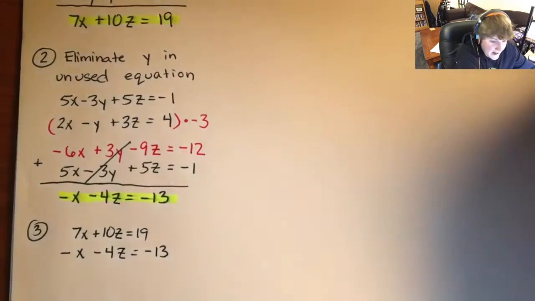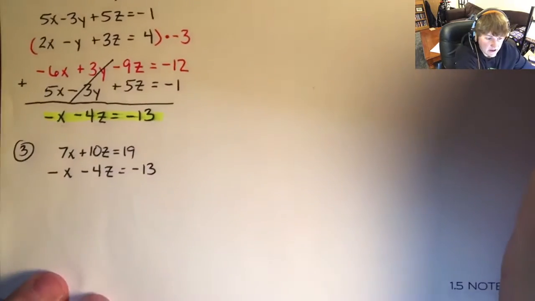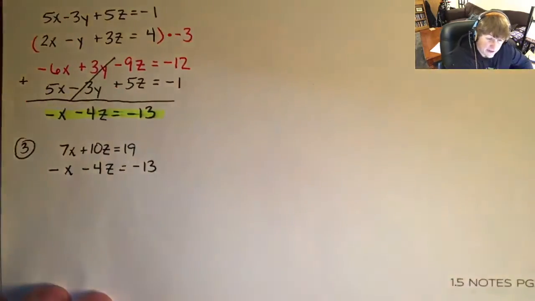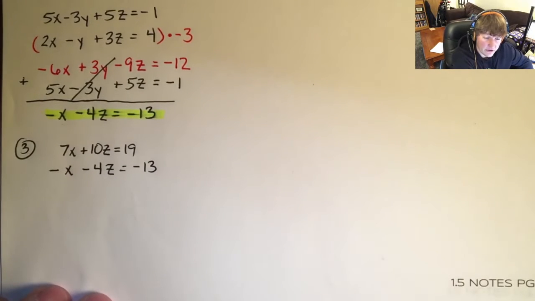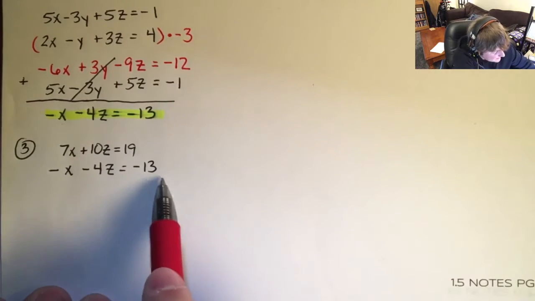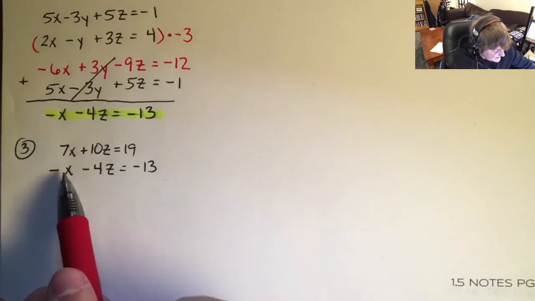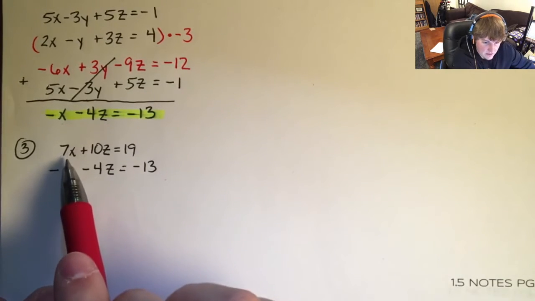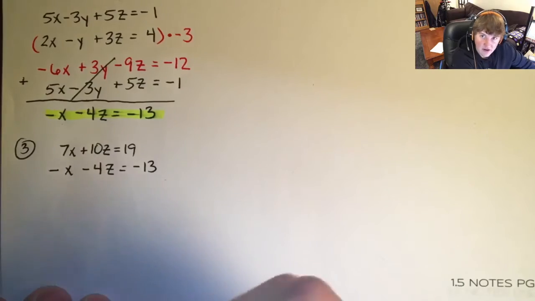Okay, so I'm going to solve the third step, and ultimately at the end of the third step, you should have two of your variables figured out. I'm going to use the elimination method because as I'm looking at this, I think I can just multiply this by 7, and then I have opposites here, and then they just cancel out, and I'm golden. Okay, so let's do that.